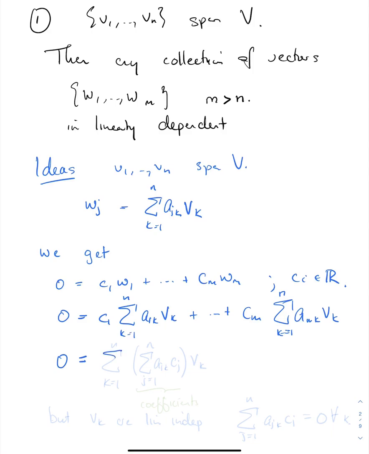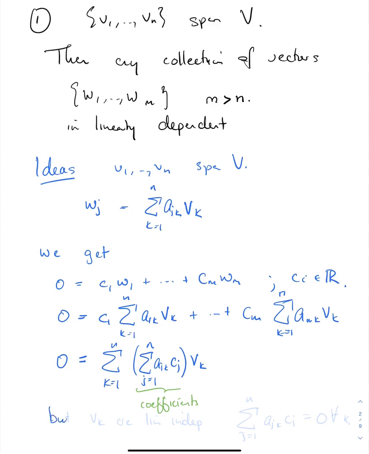So we're going to have a sum over the Vk's, and the coefficient of each Vk is actually going to be another sum. And here we can see these guys are the new coefficients for an expression of 0 in terms of the Vk's.